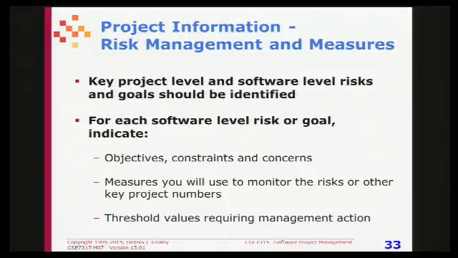Now, remember, risks related to the product had to do with, will the product perform? Risks related to the project have to do with, will the project perform? And that primarily means schedule and cost. Will I come in under budget? Will I meet the schedule? Now, anything related to that, for example, let's suppose you decide a big risk is high employee turnover.